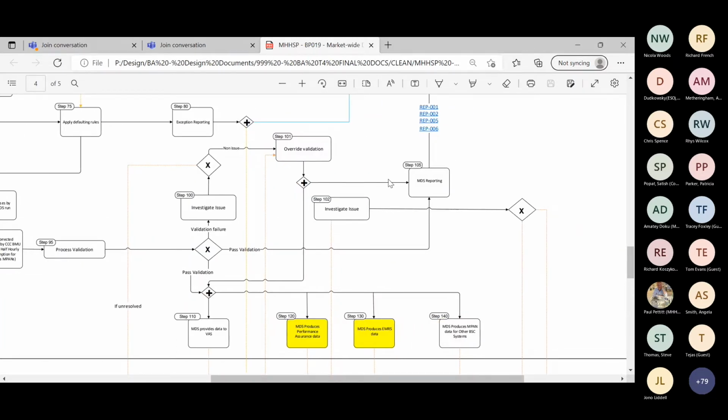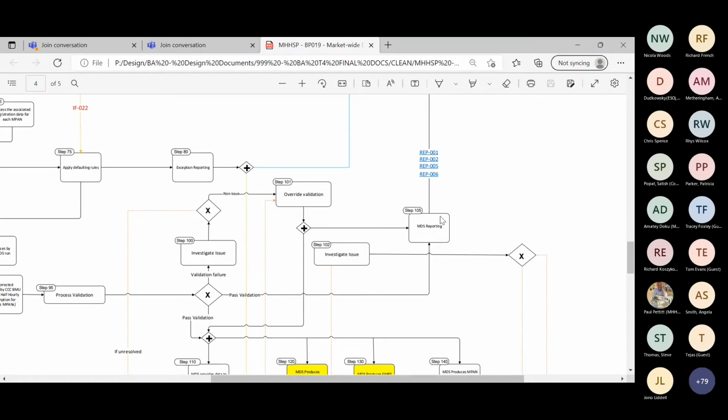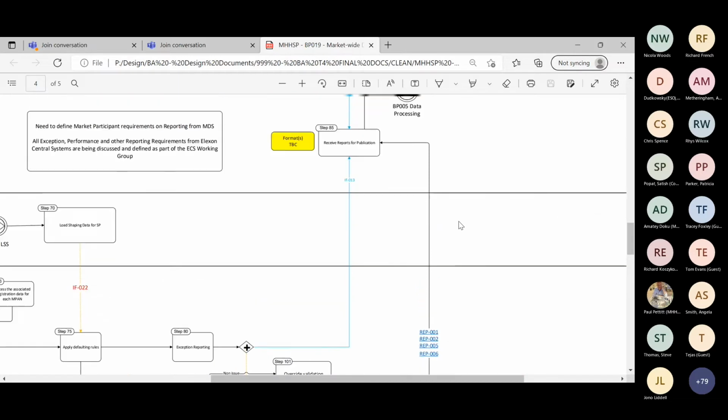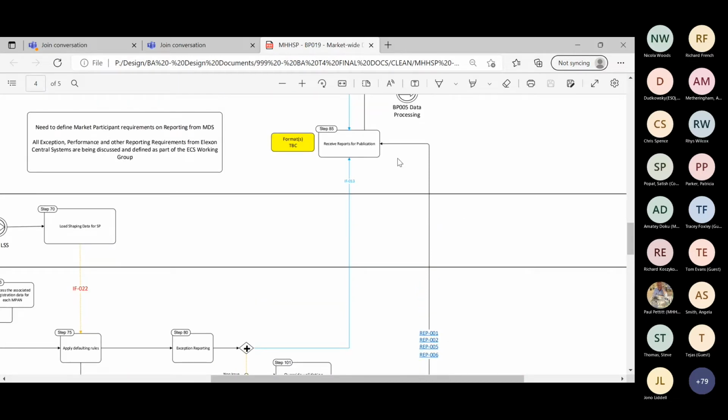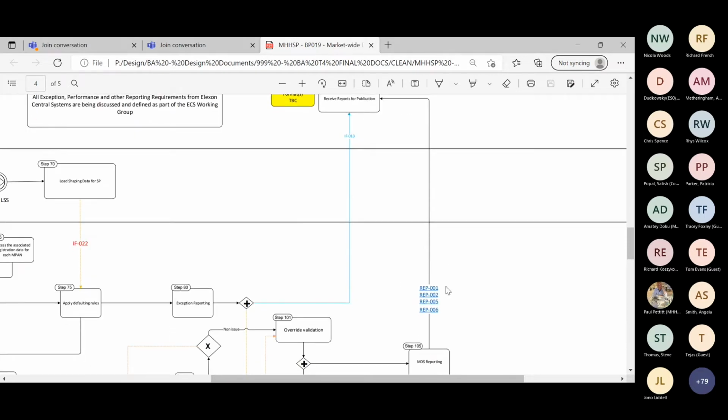But if everything's okay, then there is a list of reports that will come out from the market-wide data process that will be published onto the data integration platform, and that data can be consumed by any parties who have subscribed and are allowed to access that data.